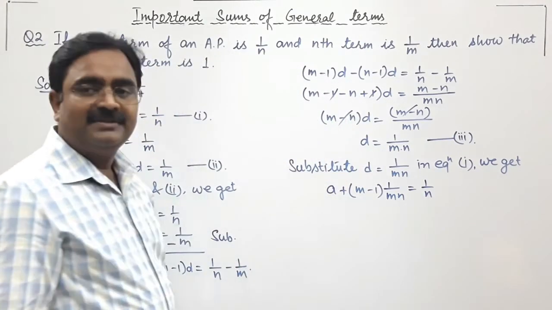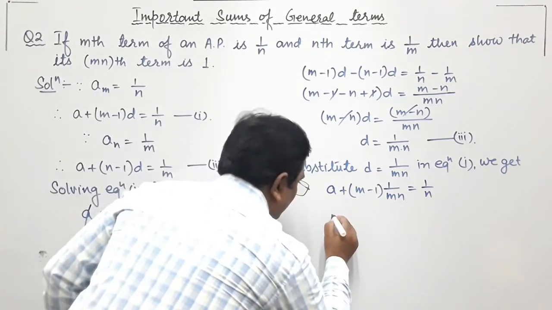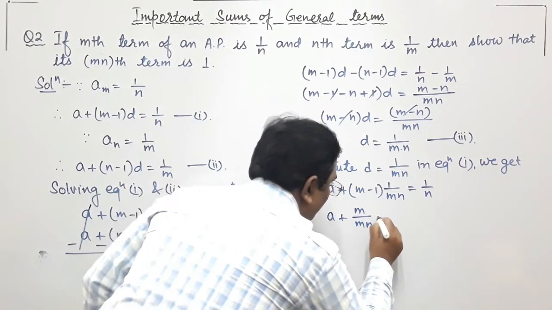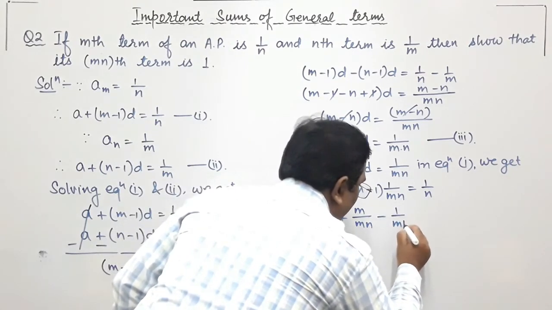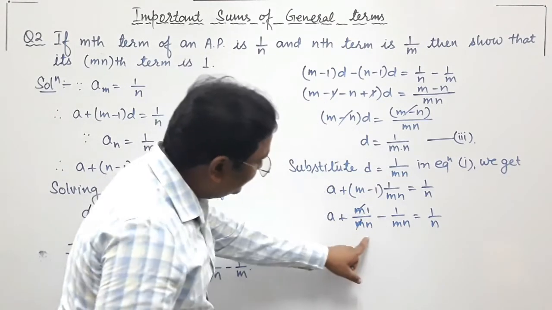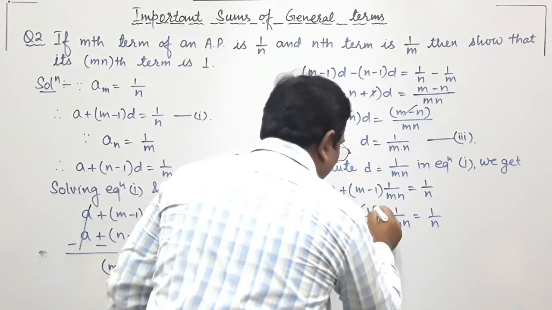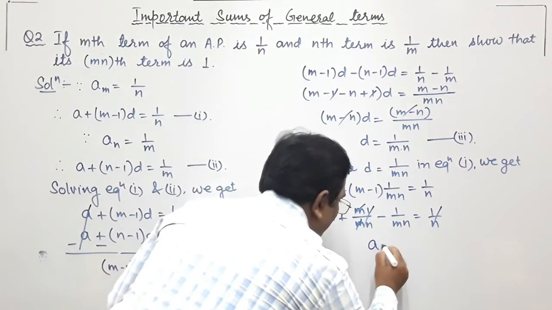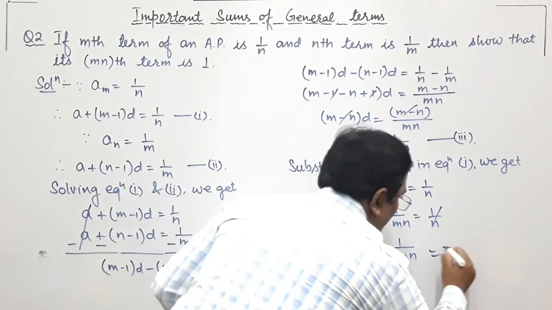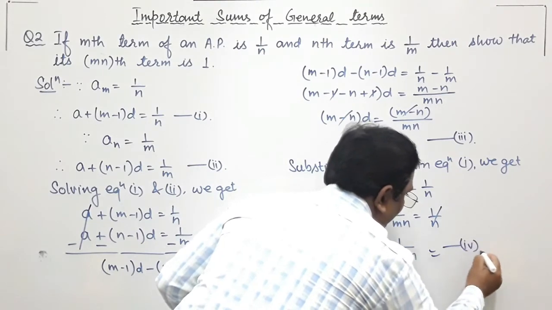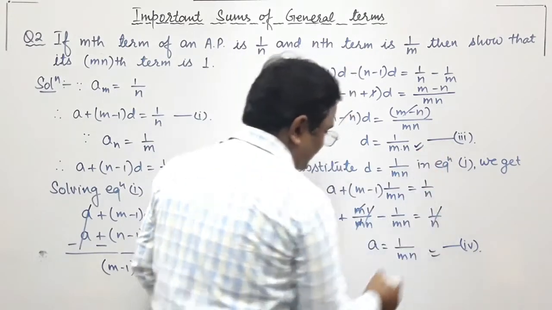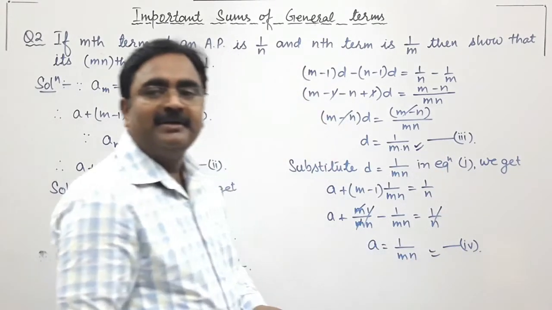Let us solve it. So you got a plus m upon mn minus 1 upon mn equals 1 upon n. Now this is cancelled. You got 1 upon n here, and this 1 upon n is cancelled from there. So you will get a is equal to also 1 upon mn. Say this is equation number 4. Right? As d you got 1 upon mn, so a is also 1 upon mn.